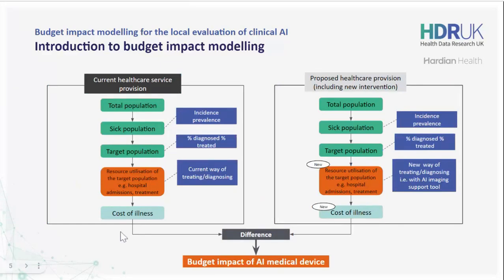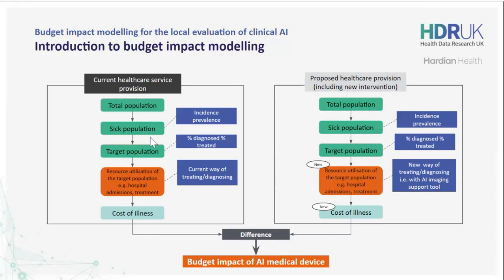So this is the underlying mechanism of any kind of budget impact assessment. What we begin by doing is defining the total population that could benefit from the intervention, then using epidemiology data to refine that down to a target population.